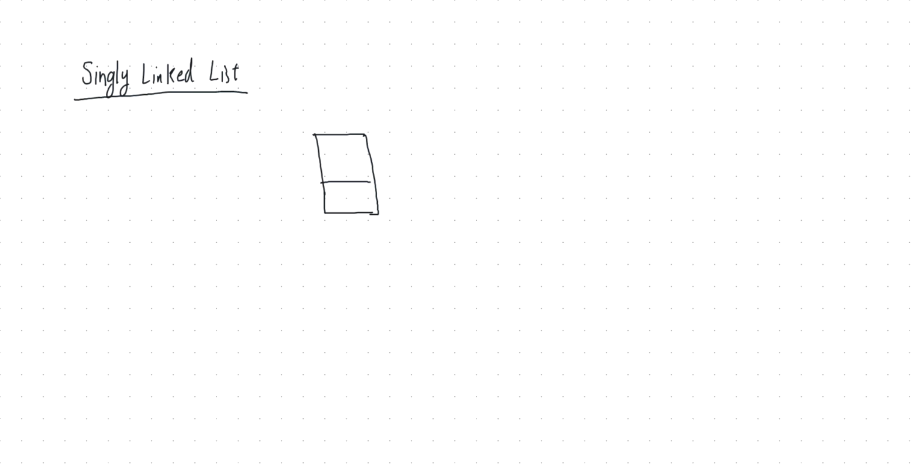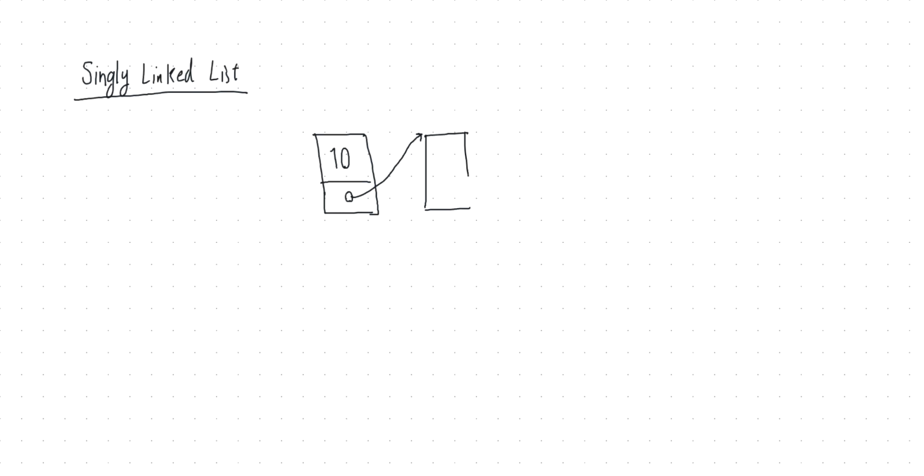So I'm going to store, say, 10 in this node. And then also each node has a pointer. And this pointer contains the address of the next node. In other words, it points to the next node. Again, the next node, similar story.